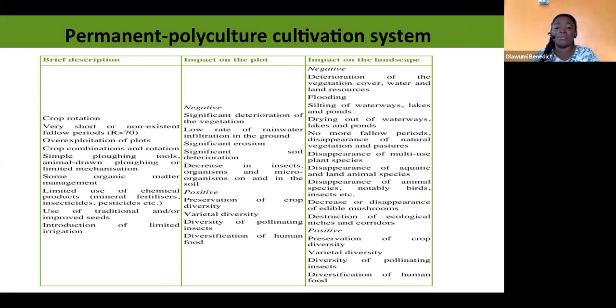The impact on the plot level is significant deterioration of the vegetation, because you are going to fell all the trees that are there before, and you're going to start establishing new trees or new crops there.